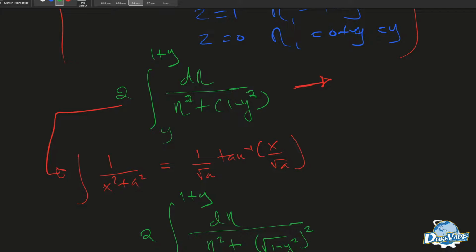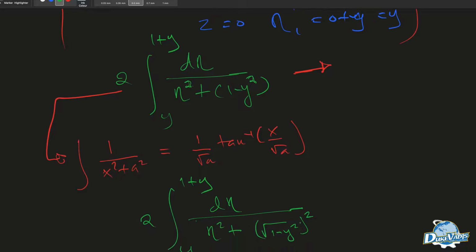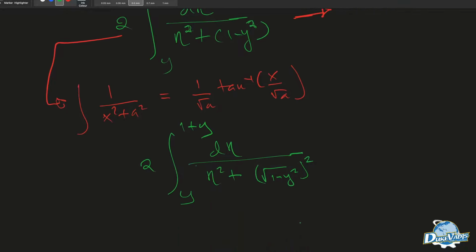So when we do that, yeah, then we're getting closer. Now it looks like that, so if the integral is of this form, dx, then we can use the tan inverse to integrate this.